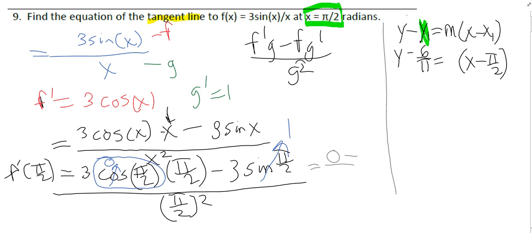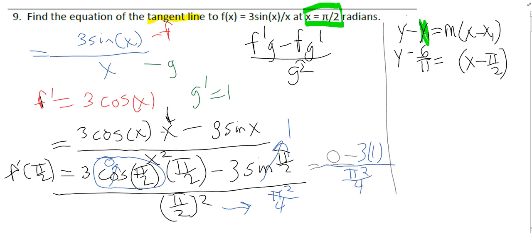So the rest of that is just a negative 3 times 1. So the numerator is just going to be negative 3. And then on the bottom, if we square that out, we have pi squared over 4. So the denominator is pi squared over 4.